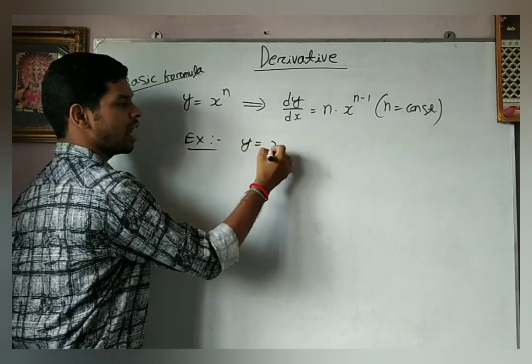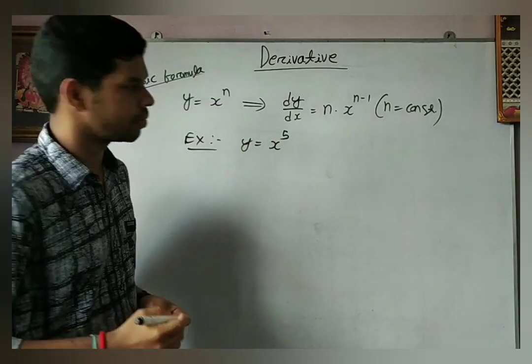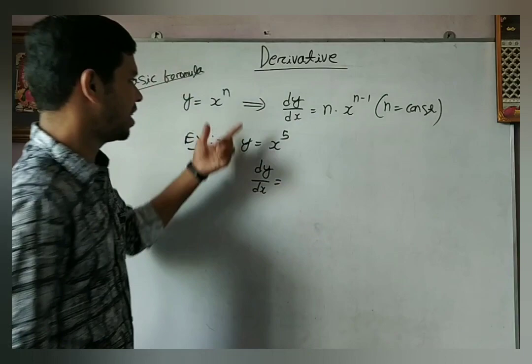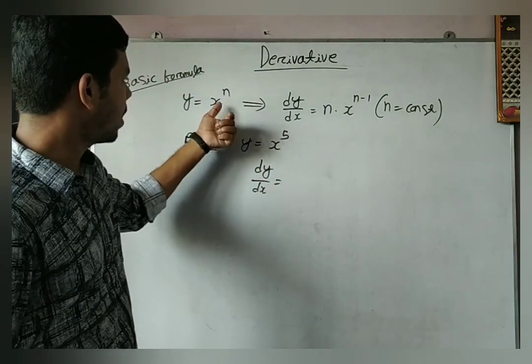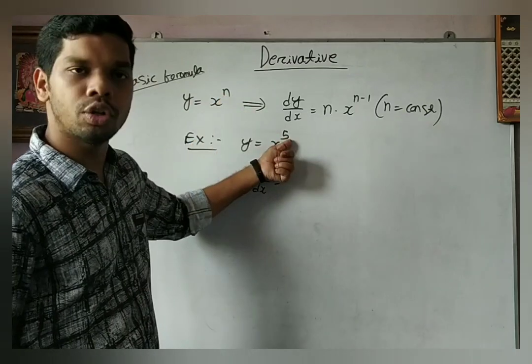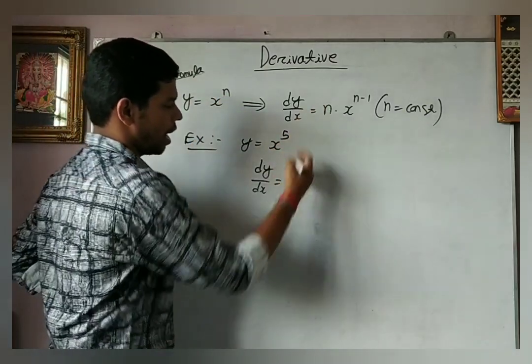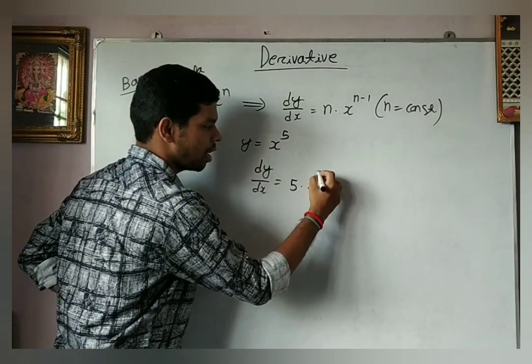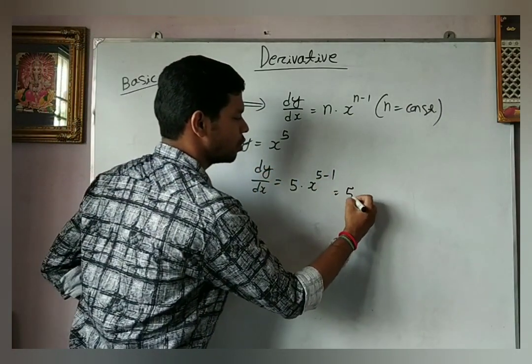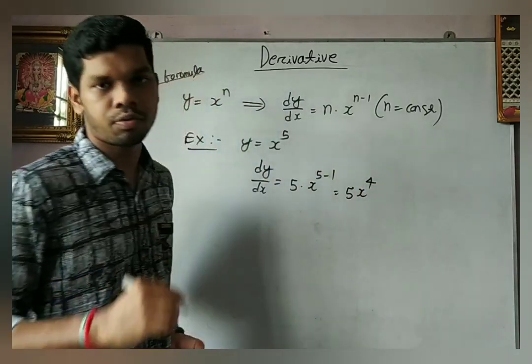Suppose y equal to x to power 5, and dy by dx equal to, with respect to this formula, if you compare x to power 5 with x to power n, here n equal to 5, and 5 times x to power 5 minus 1. With this formula, the answer is 5 times x to the power 4.